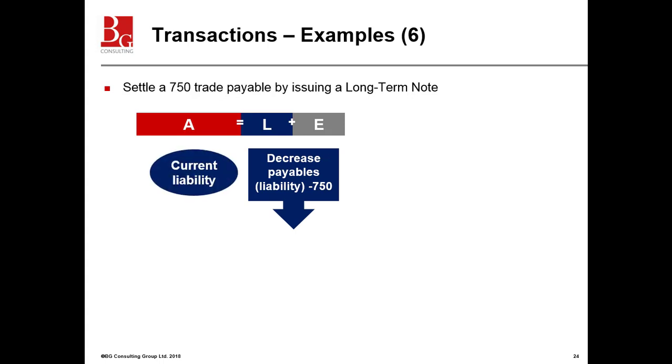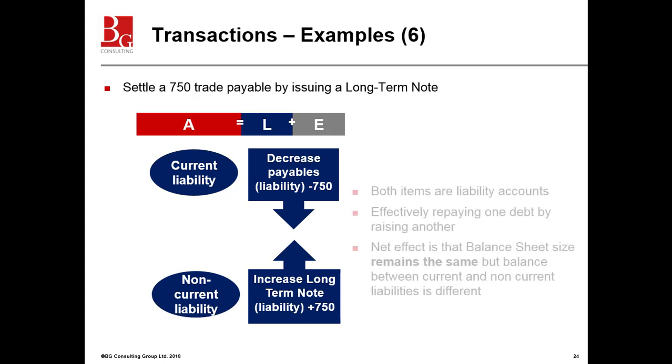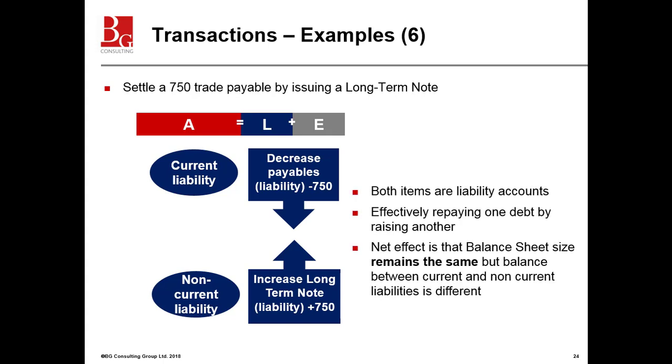That's a current liability, and it's replaced with a non-current liability, an increase in a long-term note of 750. So we've got both items as liability accounts, repaying one debt by raising another. And here the net effect is that the balance sheet size stays the same, but there's a movement out of current liabilities and into non-current.